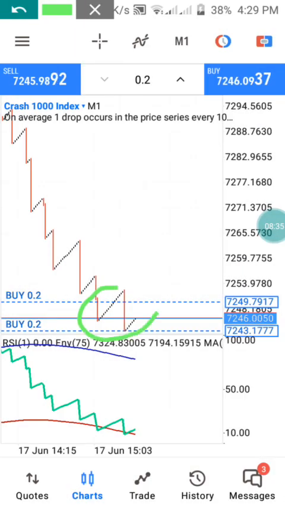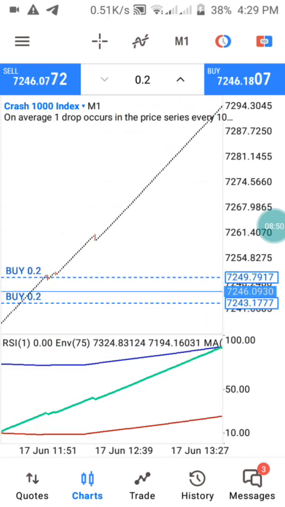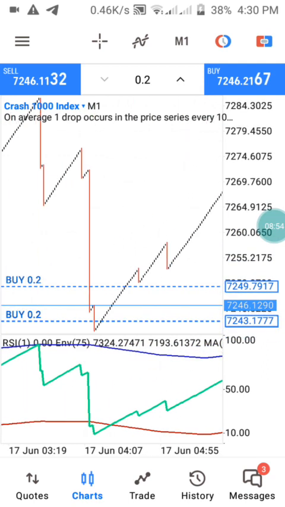Now at this region also, you see it gave a best entry here, another confirmation here, and these two confirmations will keep on giving us an uptrend. Don't worry, I will pause the video for you to see when it keeps on moving on an uptrend, so that you guys can see. So we have a lot of confirmations for you to catch.